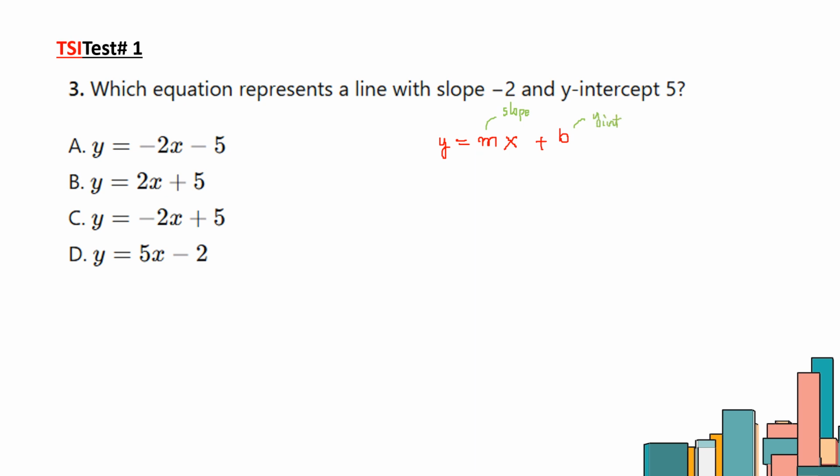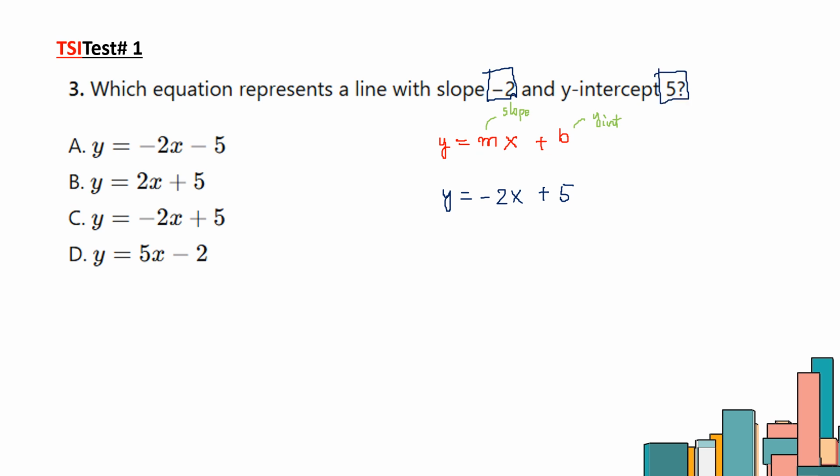We just have to memorize the formula, and now it's time to plug in. So y equals the slope given, -2, so -2x, and then we add the intercept. The y-intercept is 5, positive 5.